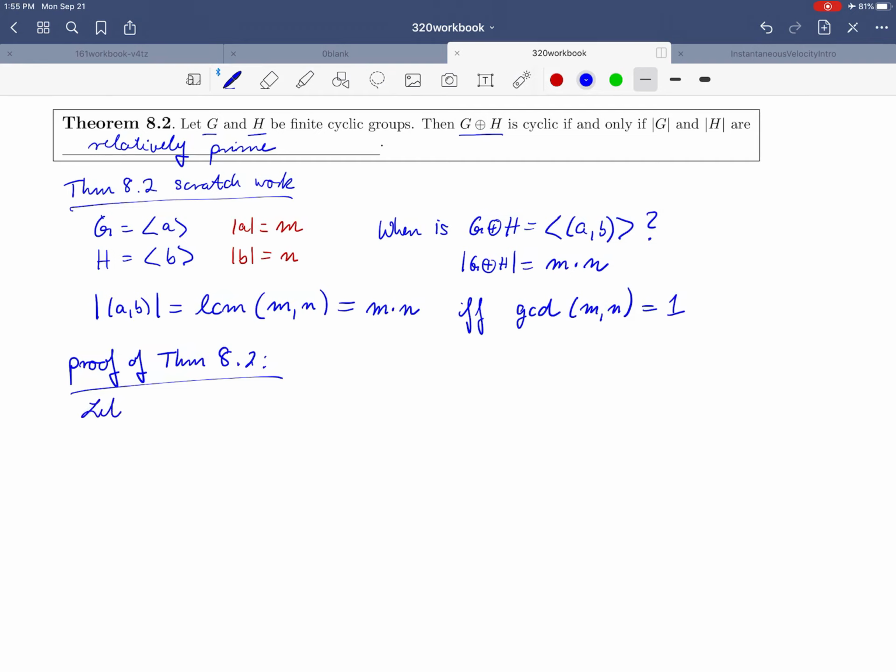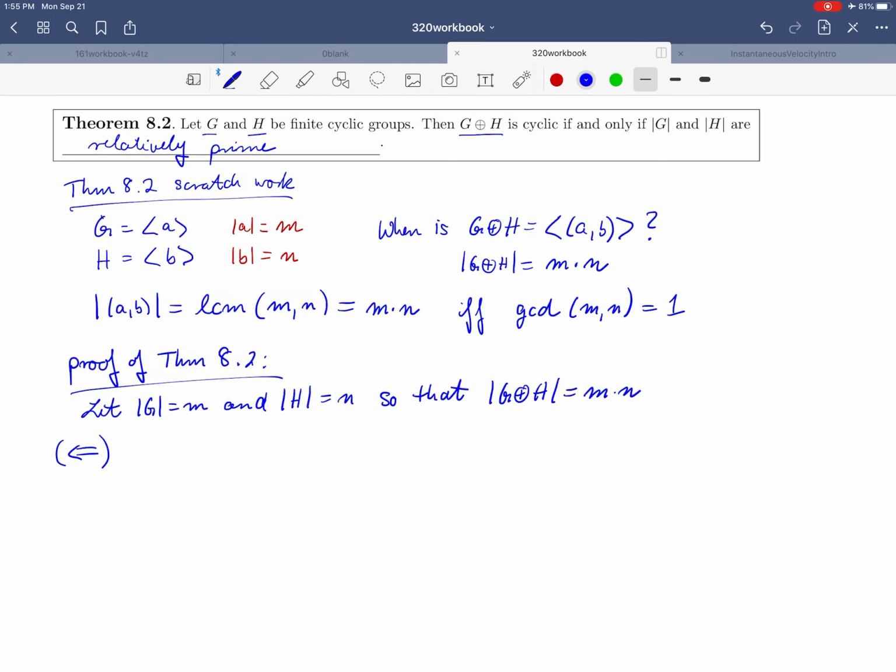Let the order of G be equal to M and the order of H be equal to N, so that the order of G plus H is equal to M times N. So this is what we're going to be working with, no matter which direction we're working with. And I'd like to do the backwards direction first. So let's do that one first.